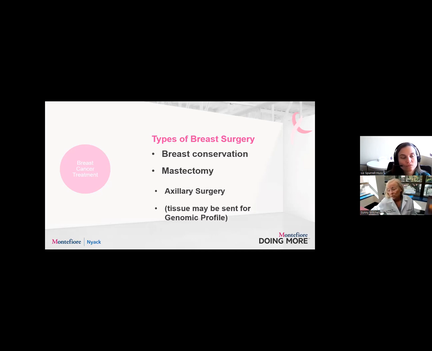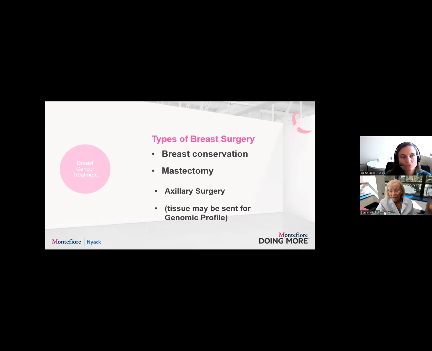Thanks to research and data, we now know that not everybody needs surgery in their axilla, which is very good to be able to tailor breast cancer treatment, including aspects of surgery, to the individual breast cancer and the individual person.